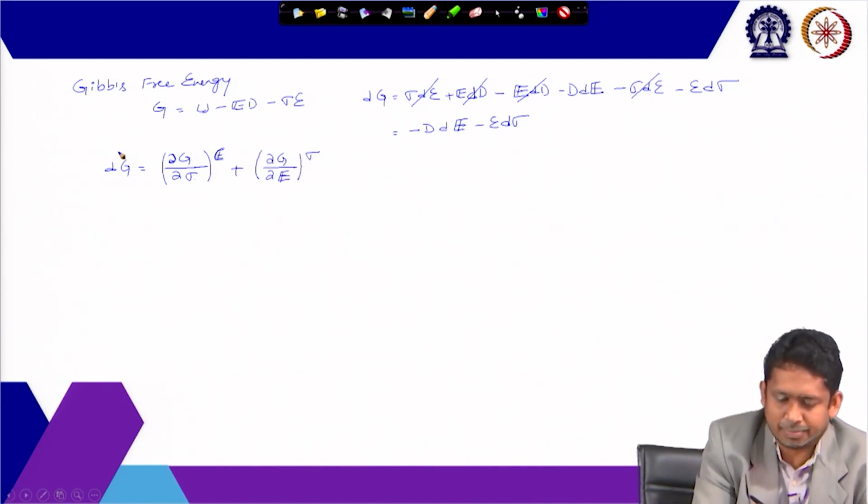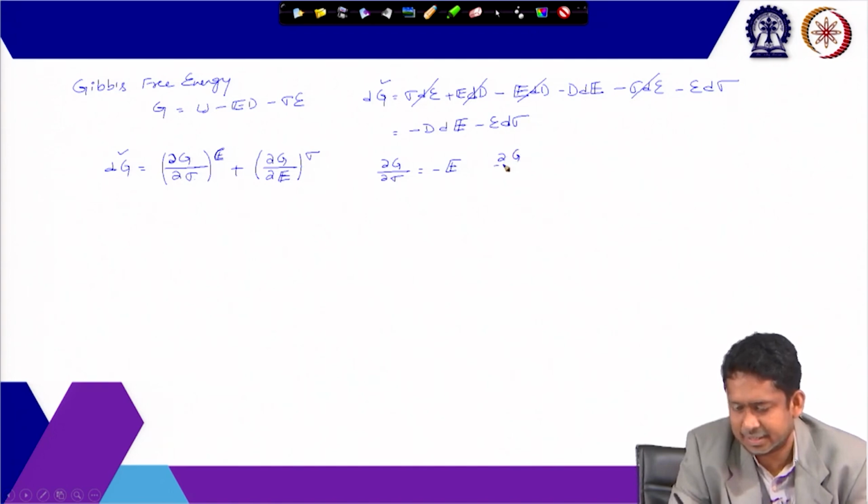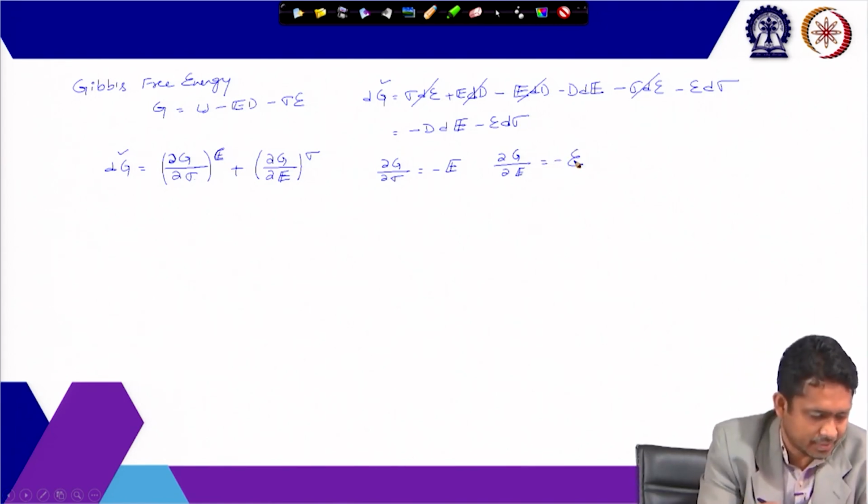We can start with sigma, the other variable. If I compare this expression with the previous expression, we can write that delta G by delta sigma is equal to minus of strain epsilon, and similarly delta G by delta of electric field is equal to minus of electrical displacement D.